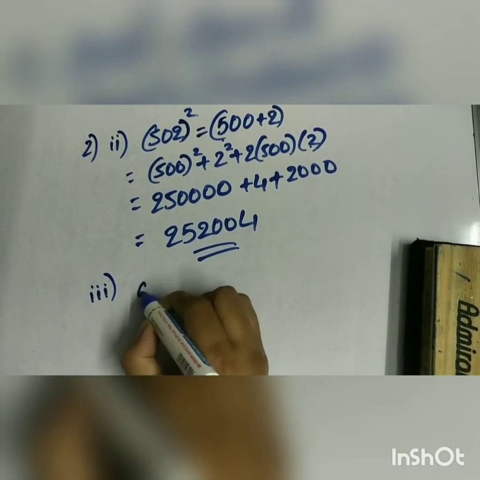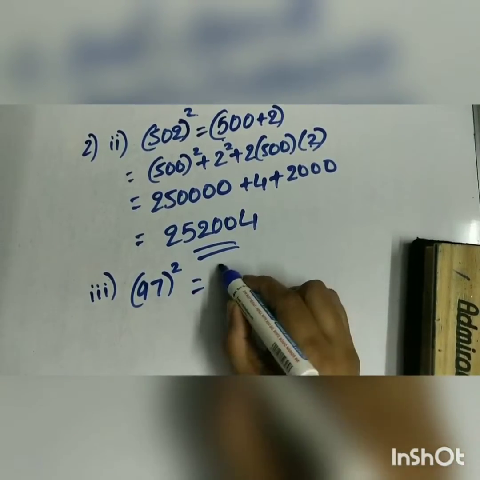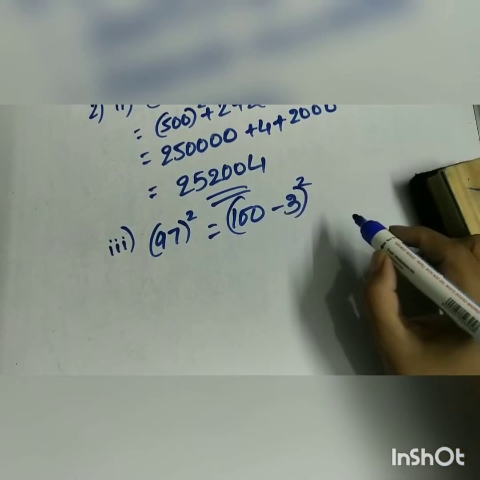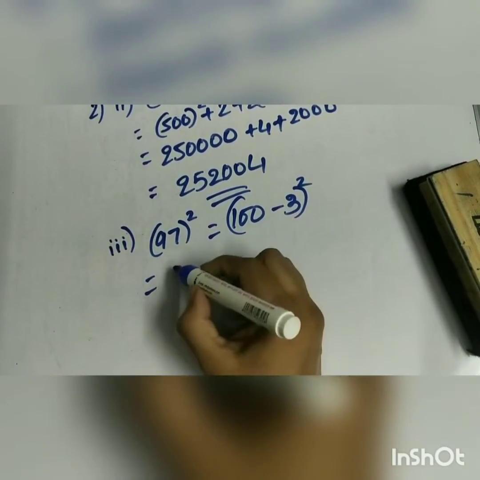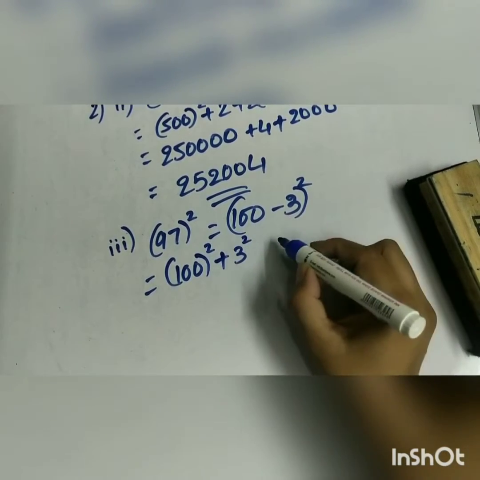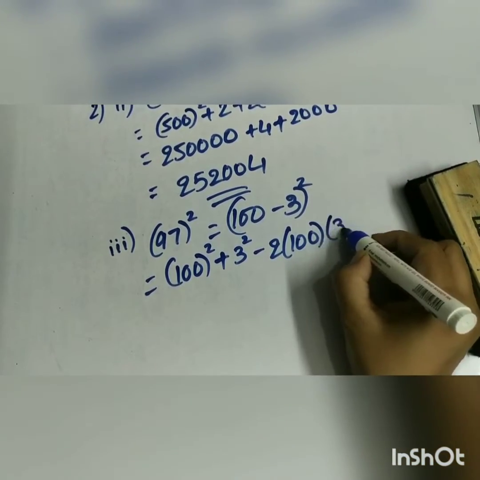The third sub question here is 97 square. 97 can be written as 100 minus 3, right? Whole square. We're going to apply the (a minus b) whole square identity. So 100 square plus 3 square minus 2 into 100 into 3.